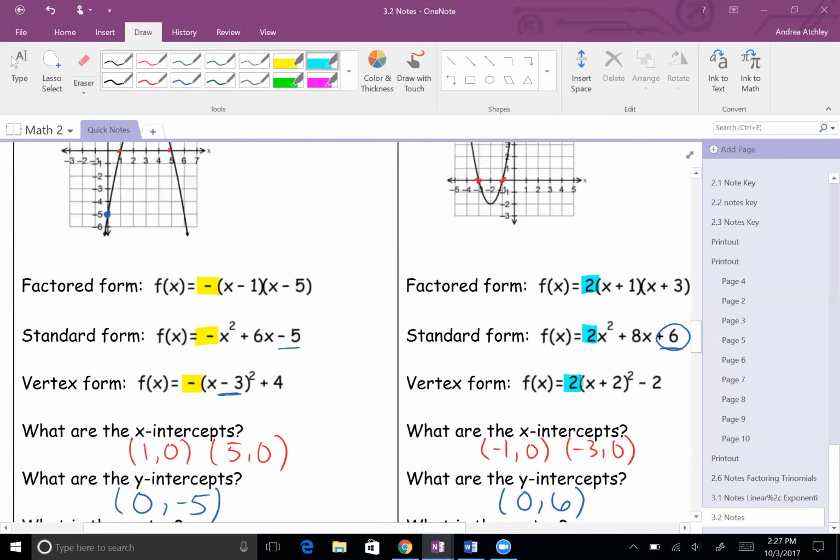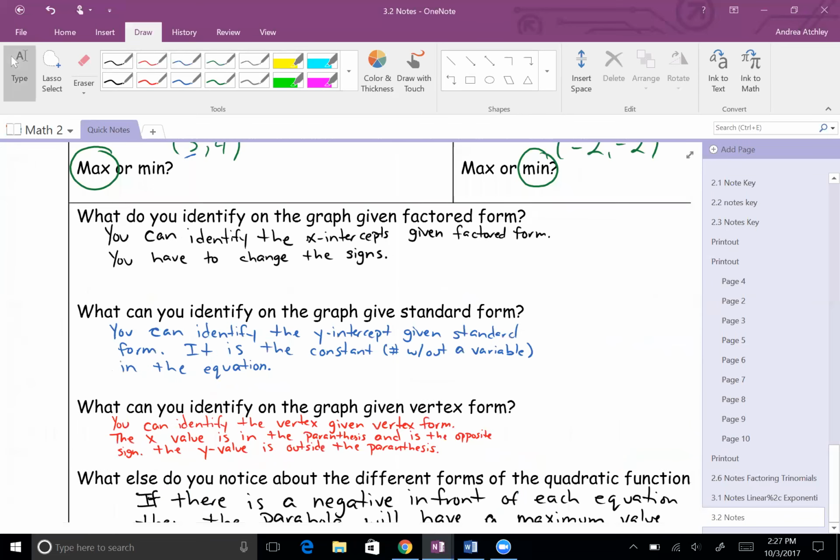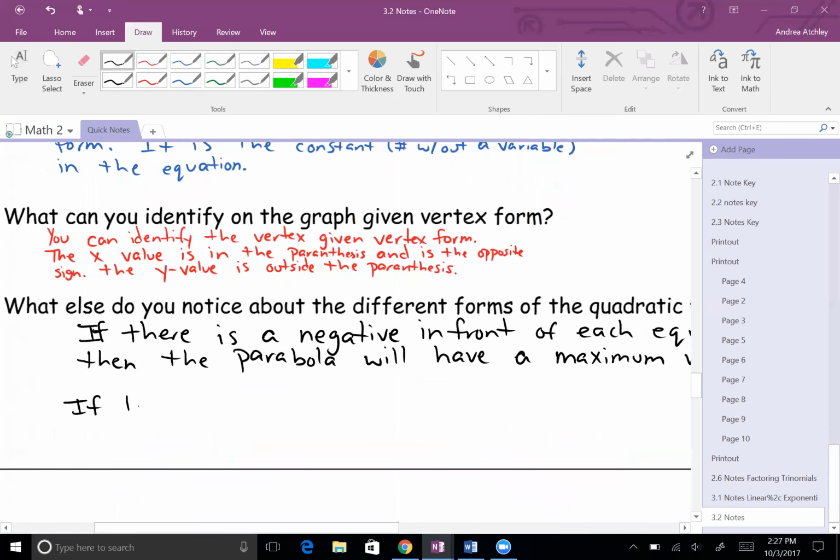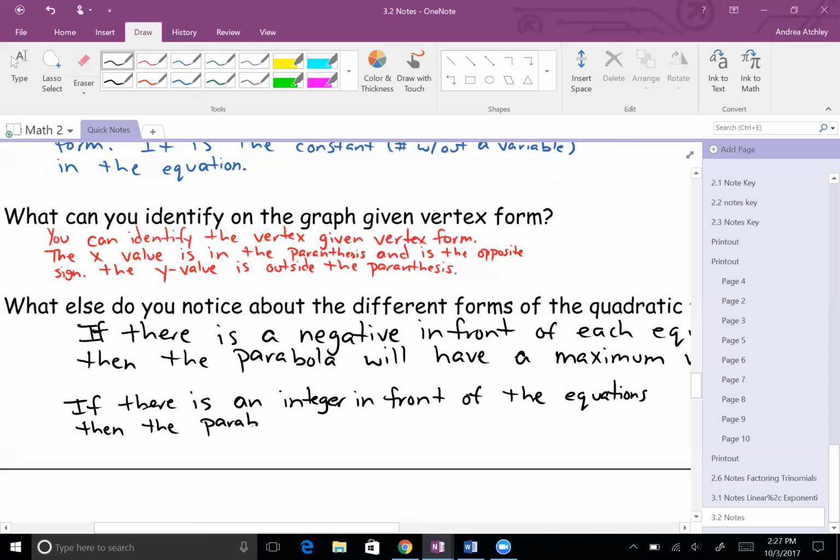So like here, here, and here. Okay, so if there is an integer in front of the equations, then the parabola is thinner.